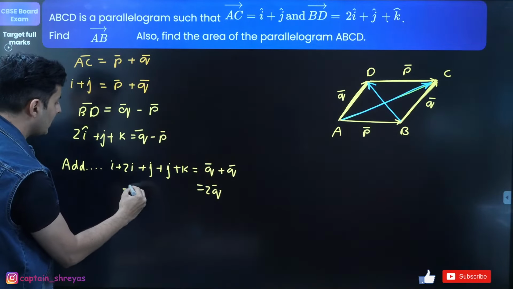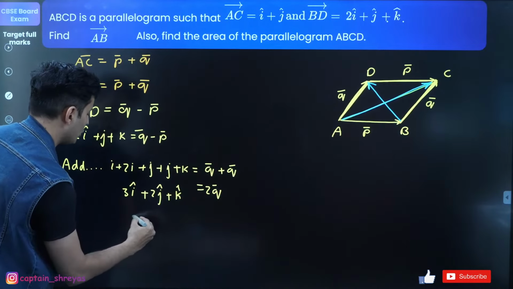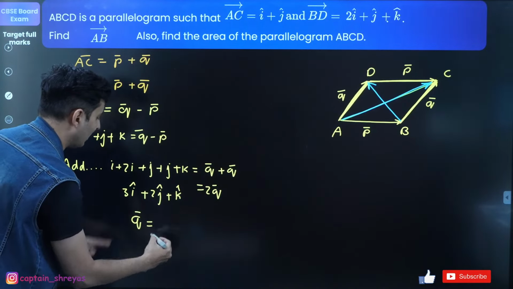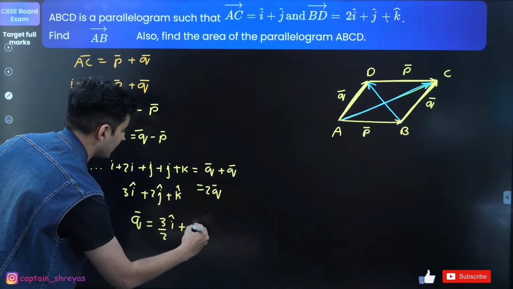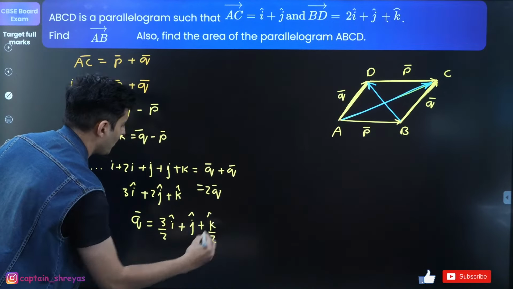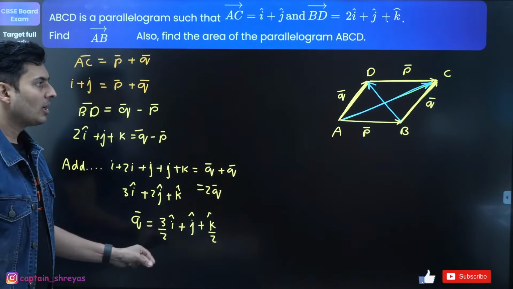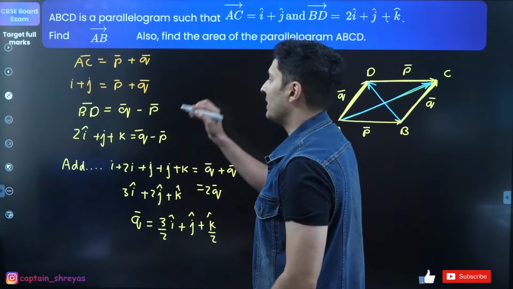This becomes 3I plus 2J plus K cap. So Q vector becomes 3 by 2 I plus J plus K hat by 2. This is Q, but you wanted P. No issues. Just substitute this value of Q over here. You will get the answer.